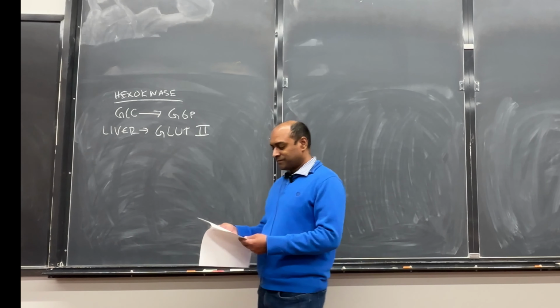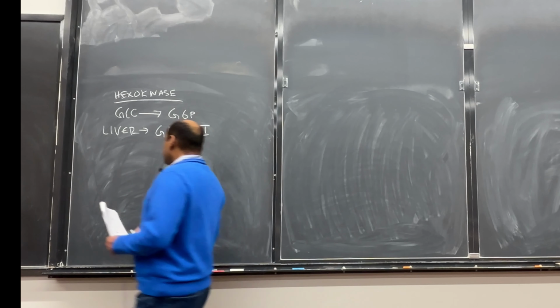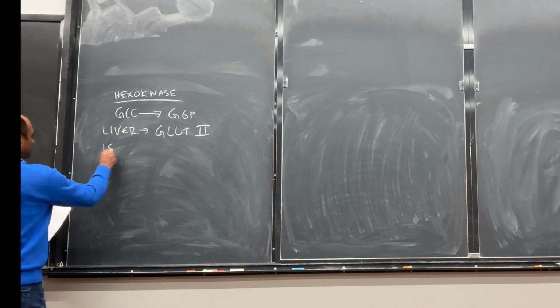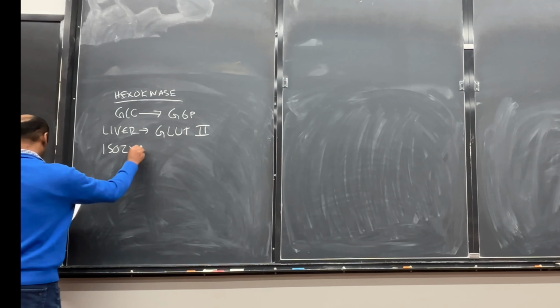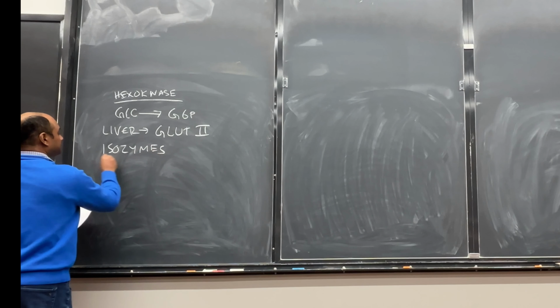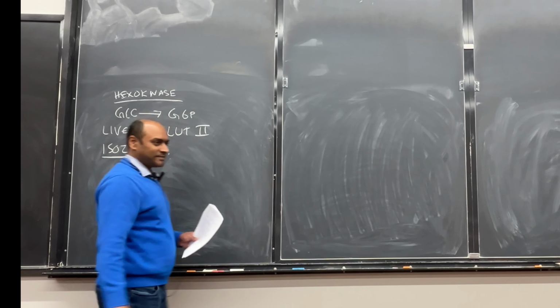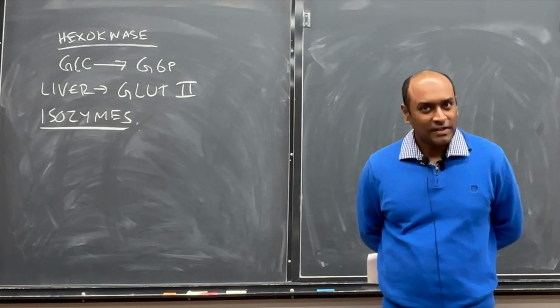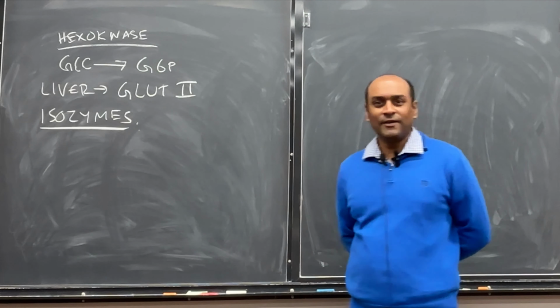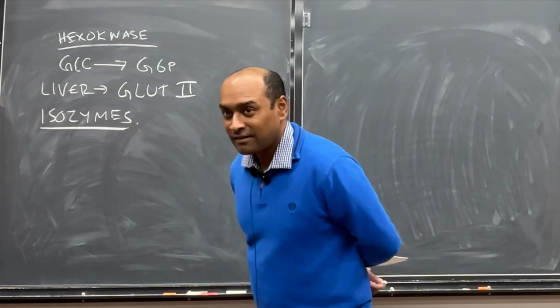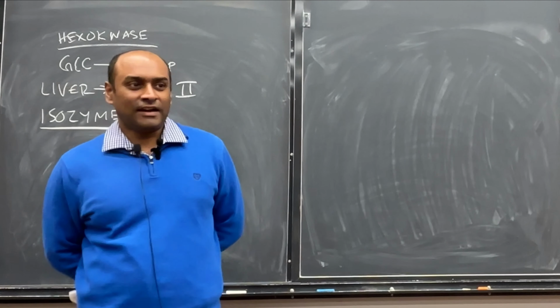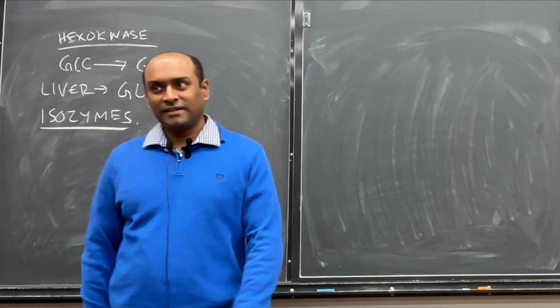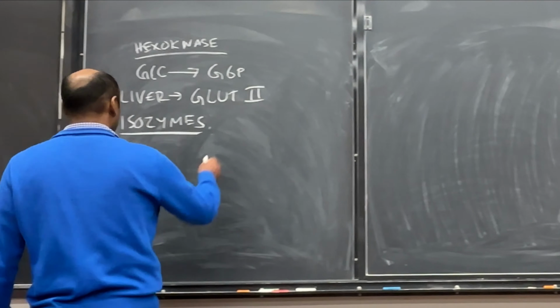So now, one other terminology here I'll introduce, which is called isozymes. So what are isozymes? So different forms of an enzyme. So they will do the same reaction, but their affinity for the substrate can be vastly different.